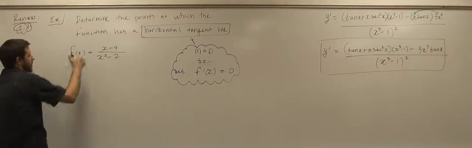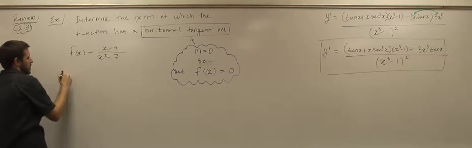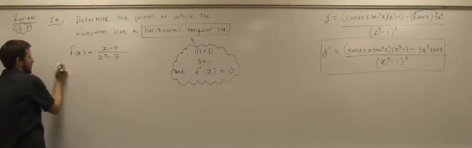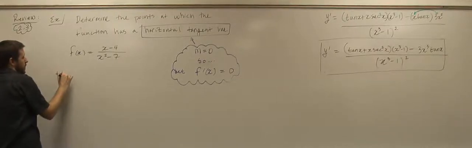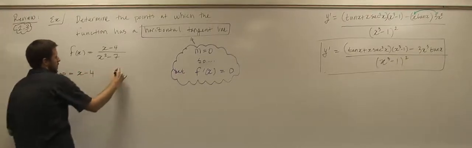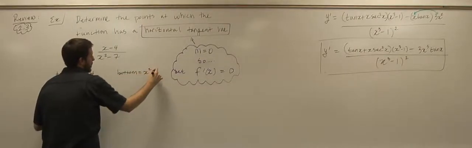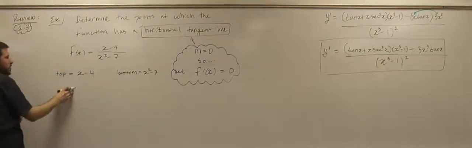I named this function f of x, which is inconvenient, but that's okay. We'll just say h of x. We'll just say top. So the top equals x minus 4. Bottom equals x squared minus 7. So then you do the derivatives.